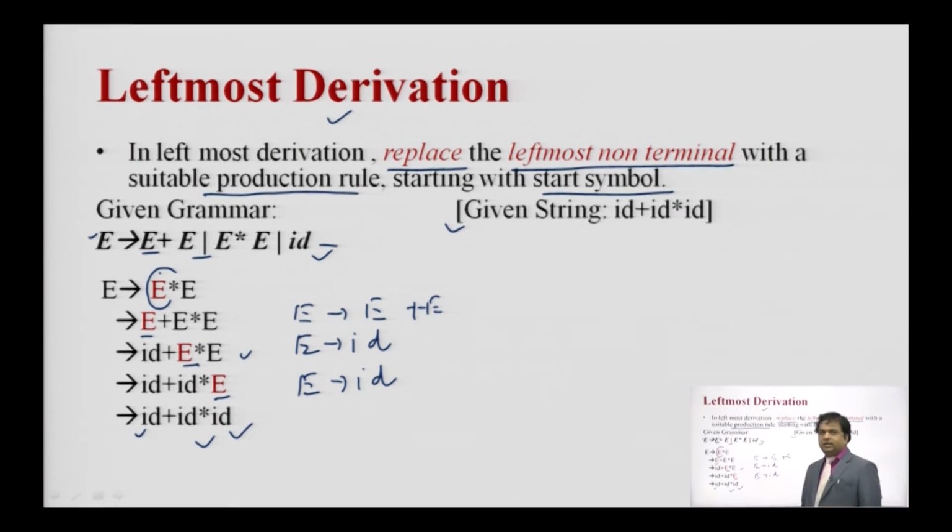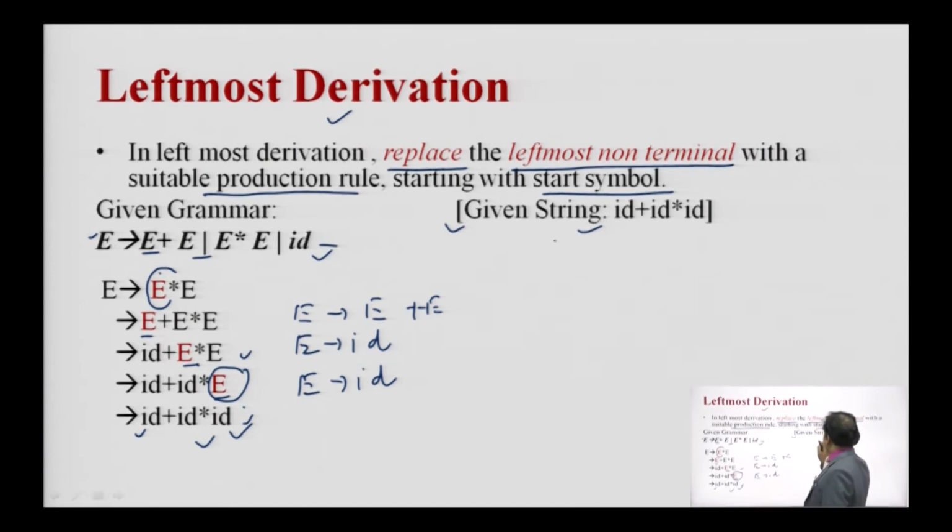Now only one non-terminal is remaining. So again my objective is to reach the objective sentence, that is ID plus ID into ID. So I replace this E with this ID, right. So what I see is that I can derive the ID plus ID into ID sentence. That means this sentence can be derived with the help of this grammar.